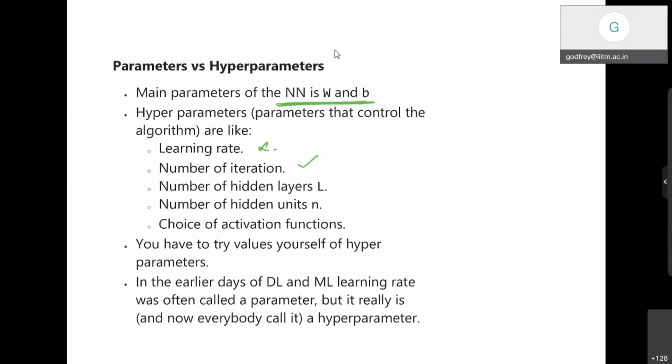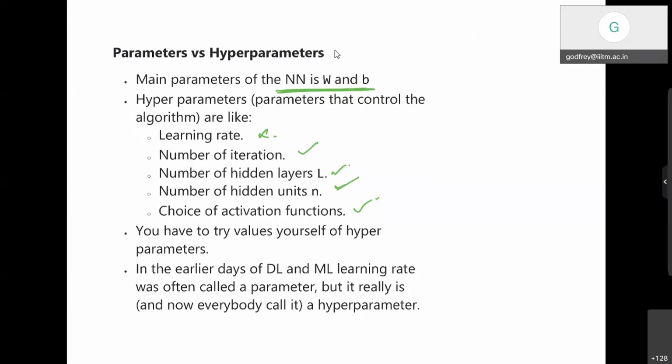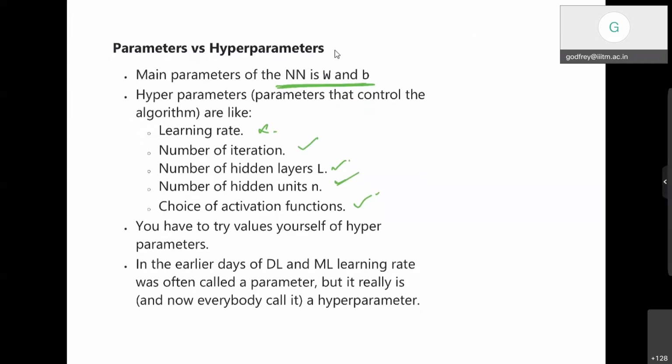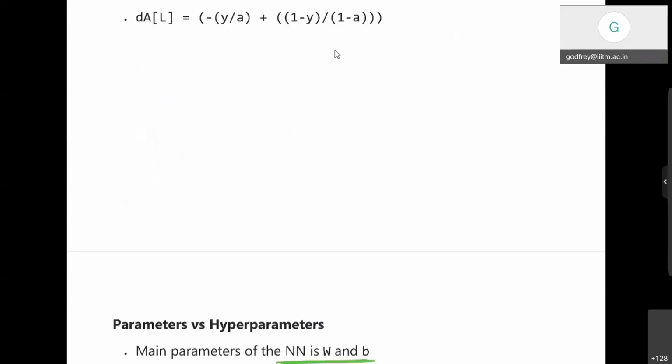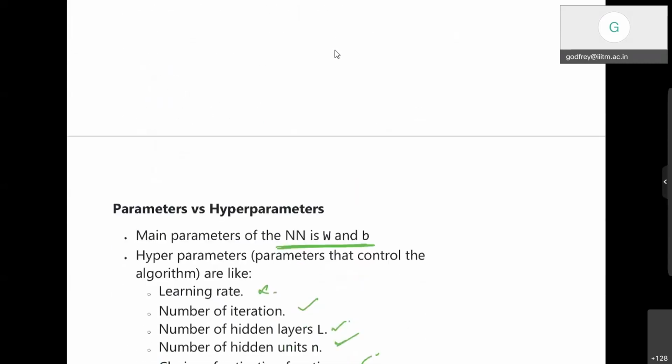You can also decide the number of hidden layers, the number of hidden units in each layer, and the choice of the activation function. You can have these as the various hyperparameters. With this, the first thing is closed.